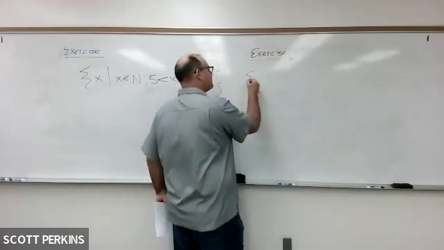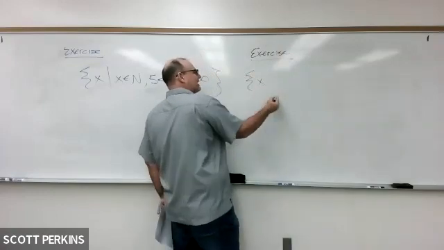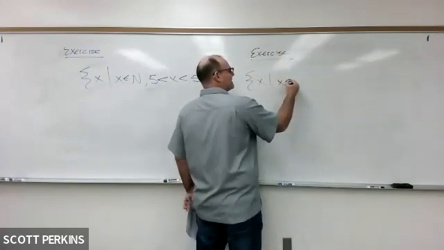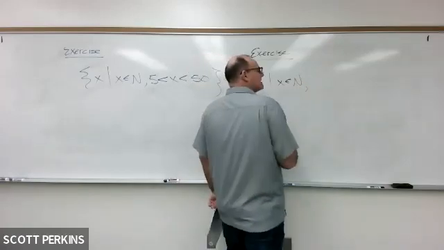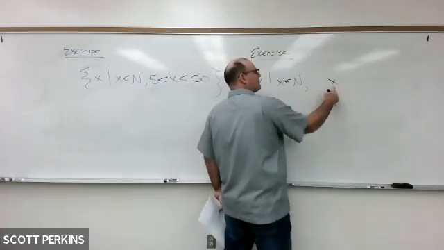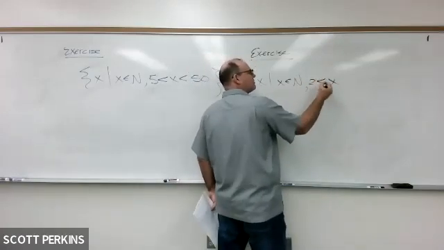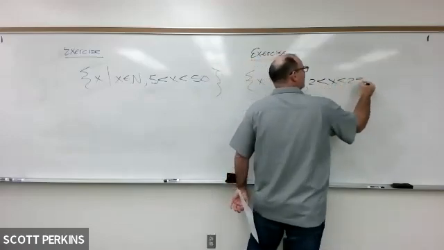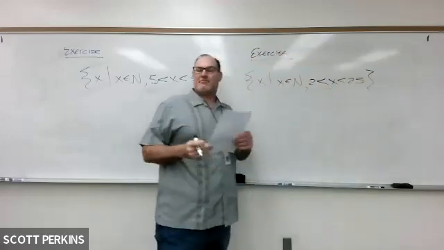I'm not including the endpoints. So it's the set of values x such that x is a natural number once again, and then it's between 2 and 25, so the x's have to be strictly bigger than 2, and then strictly less than 25, and there is my set of values.